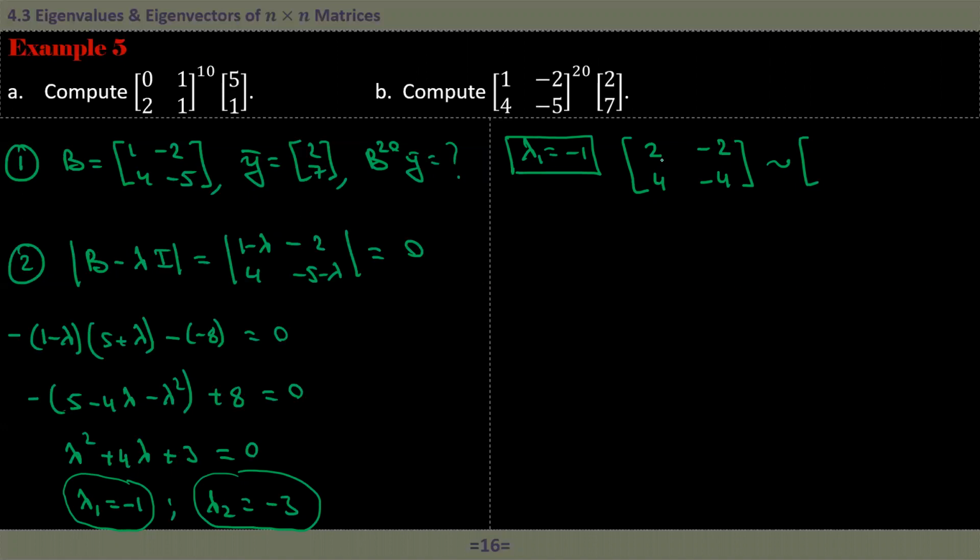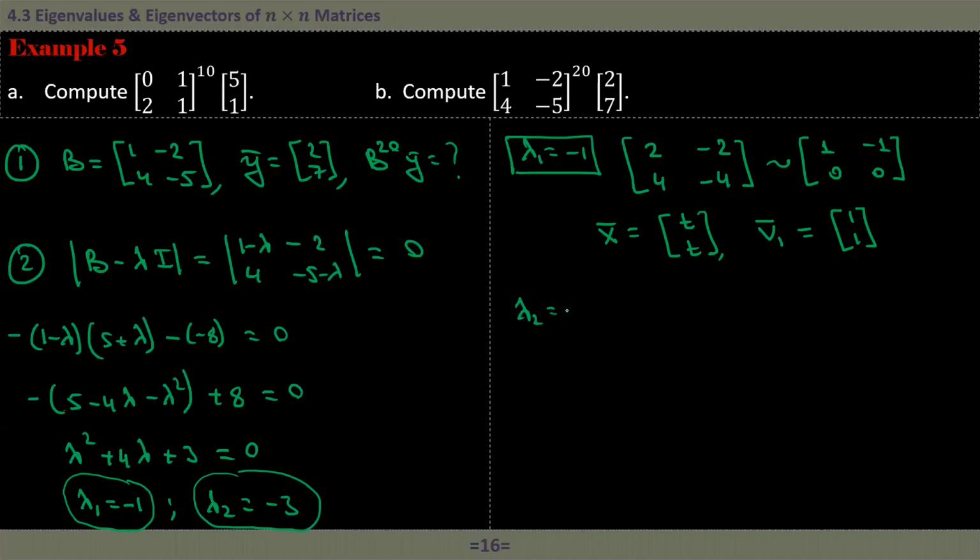Multiply the first row by 1 over 2, so here we have 1, -1, 0, 0. So our eigenvector has the form t, t, and I just need 1. So one eigenvector is (1, 1), and it will serve as an eigenvector.